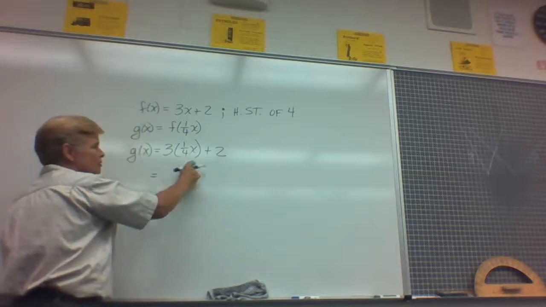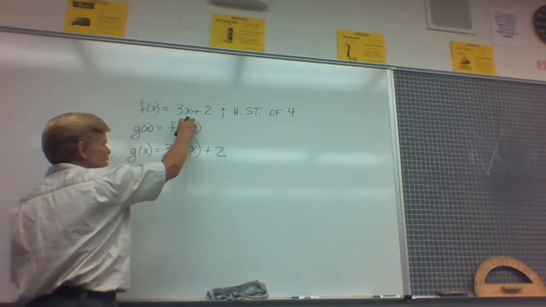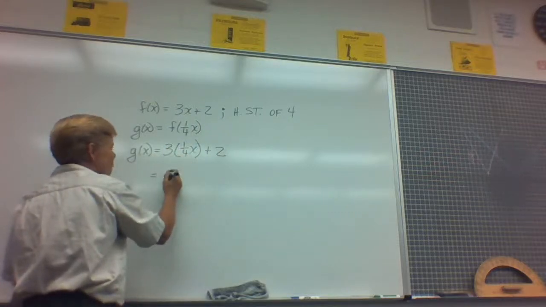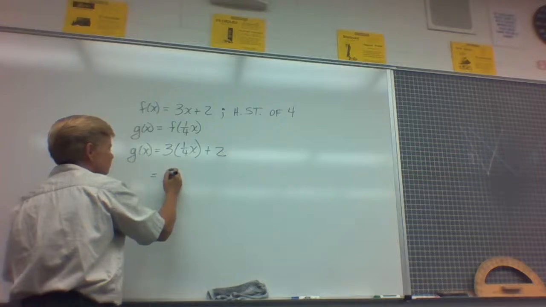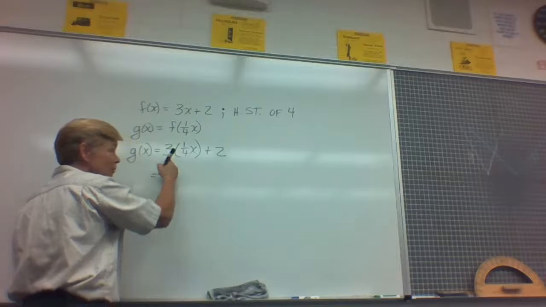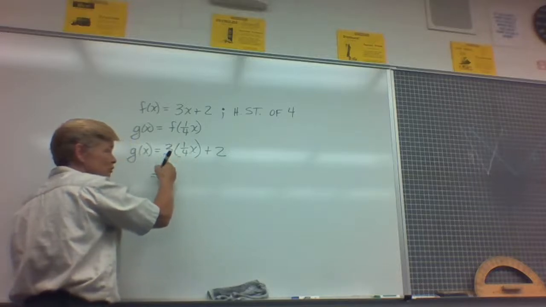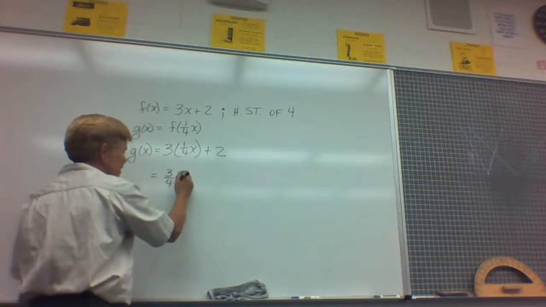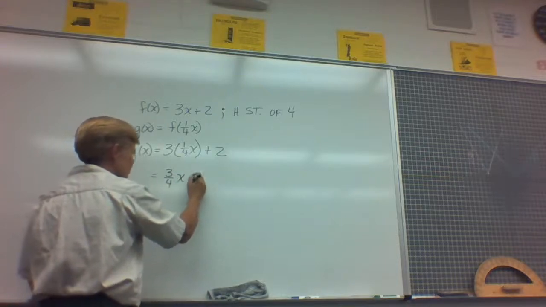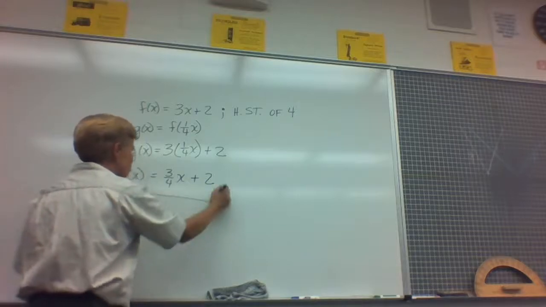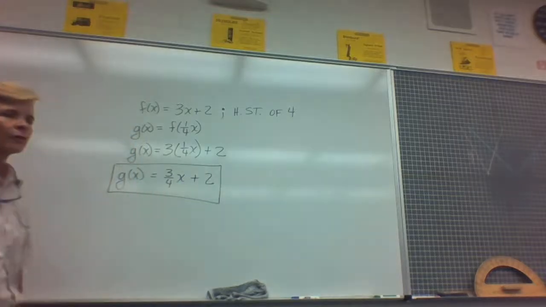So here's what we get by plugging 1/4 x in for all the x's in f, and now we clean it up, and what will that be? What's 3 times 1/4? 3/4. Come on, people. A whole number times a fraction goes across the top because that's understood to be 3/1. So it's 3 times 1 over 1 times 4. That should not be a stumbling block at your stage in math. That's what you would put in the blank for that one.